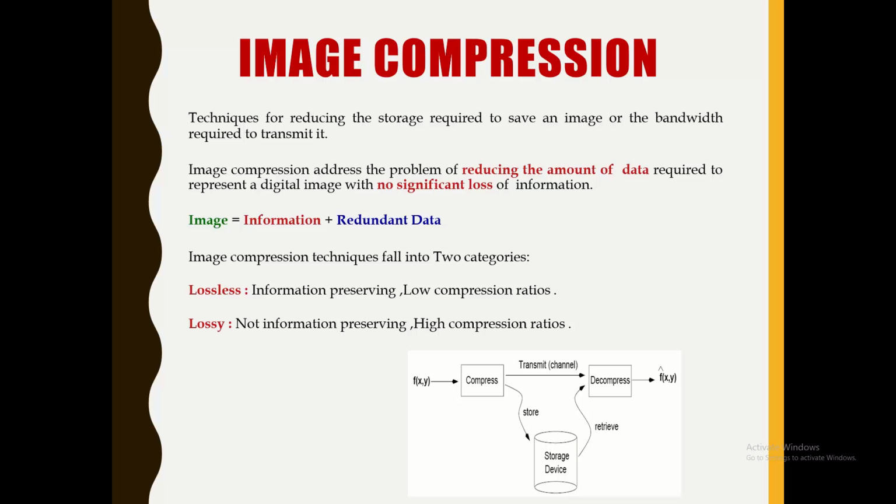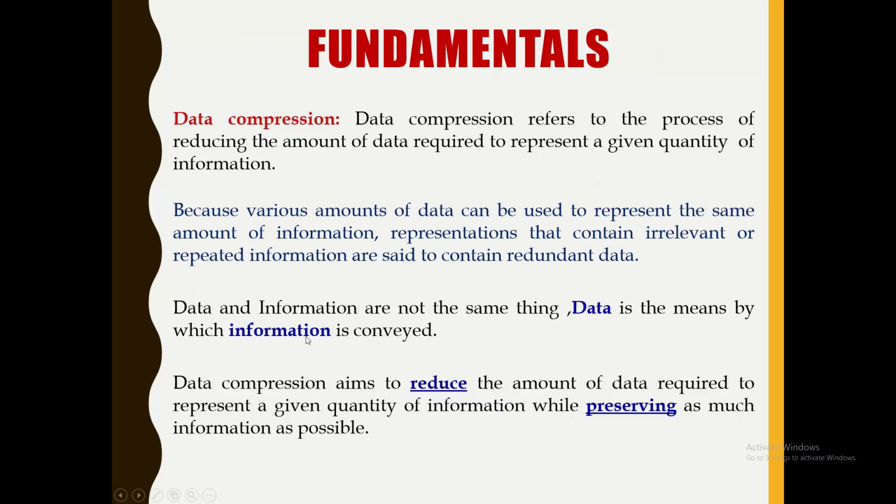An image is a combination of information plus redundant data. Image compression techniques fall in two categories: one is lossless, another one is lossy. In lossless, information is preserved, so the compression ratio is low. While in the case of lossy, information is not preserved, so a high compression ratio can be achieved.